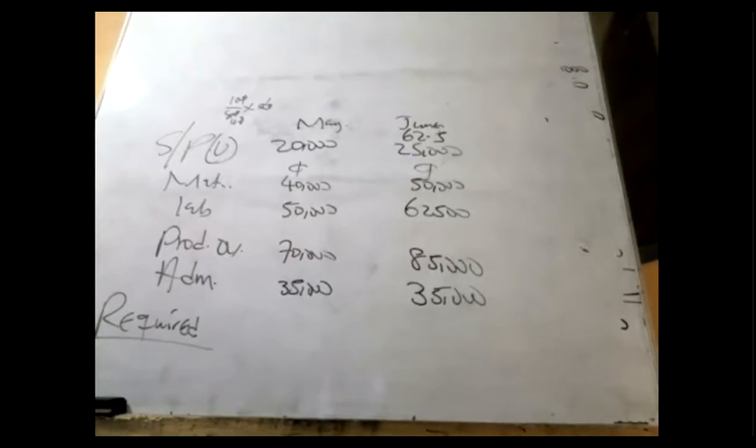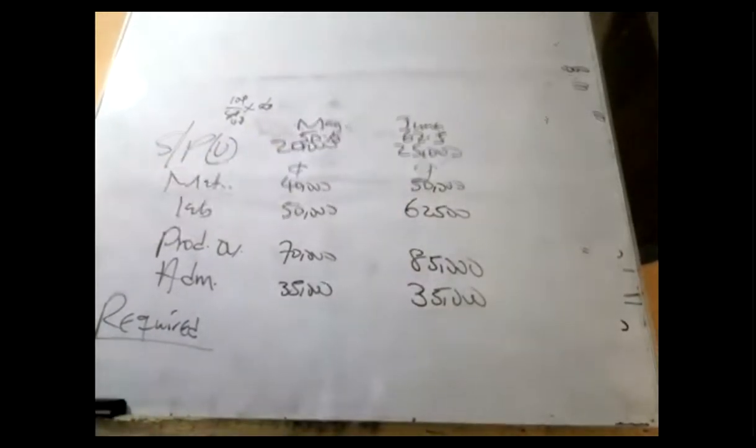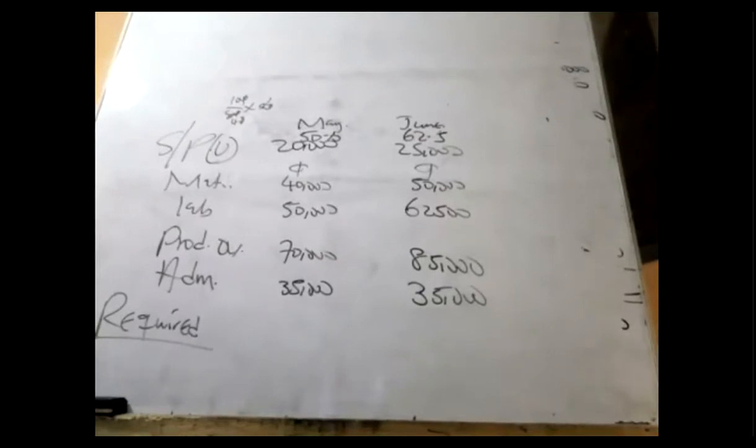Let us assume that here is 50%. Here's 50%. That is all.